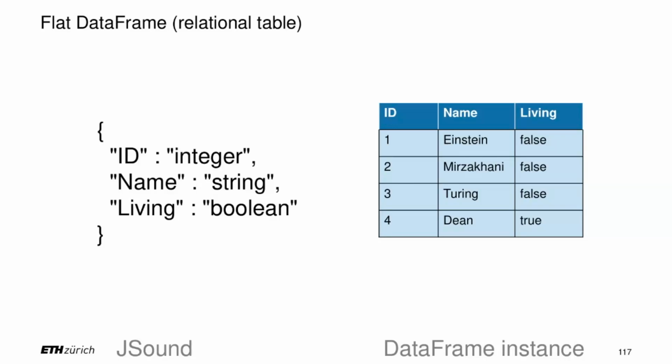By default, the keys could be missing, but if they are there, then they need to be an integer, a string, a Boolean. We also saw in the compact syntax that you cannot have extra keys. With this schema, it wouldn't be allowed to have a key that is not one of these three. You could change the schema to allow for that, but then it's more involved, and with the verbose syntax, you will see in the exercises how to do it with JSON Schema to allow for extra keys. But here they are not allowed. So you can only have ID, name, and living.